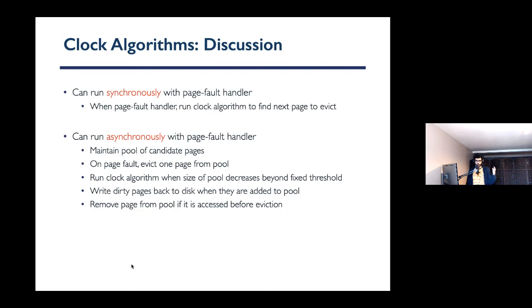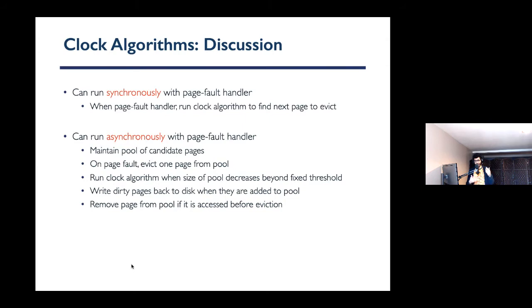One other thing to note is that the clock algorithm is synchronous, the way that I just described it, meaning that it just runs every time you have a page fault. You don't need to run it this way. You can run the clock algorithm in the background asynchronously with memory accesses. If you do so, you're ahead of time.